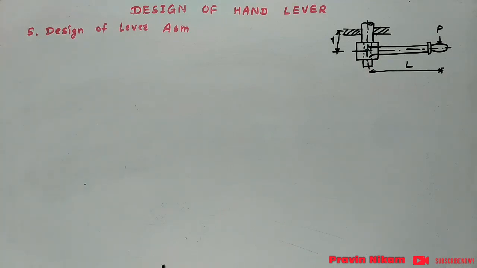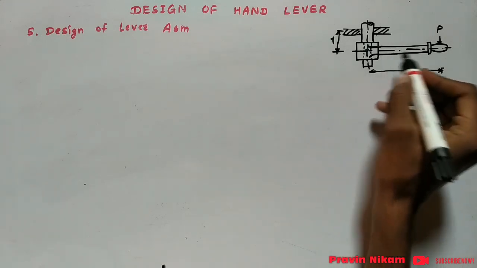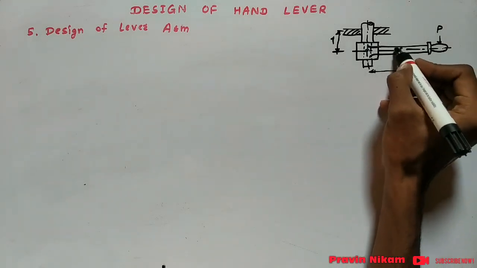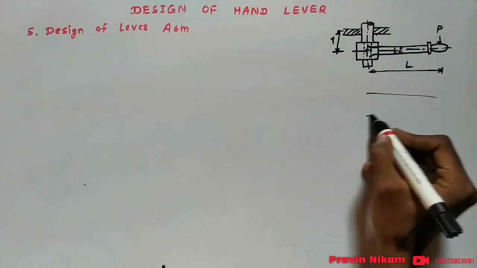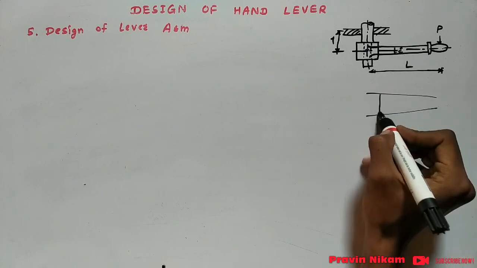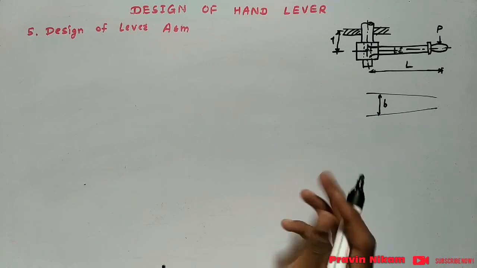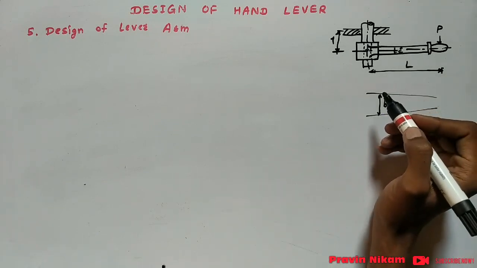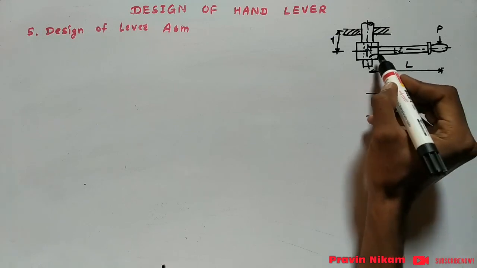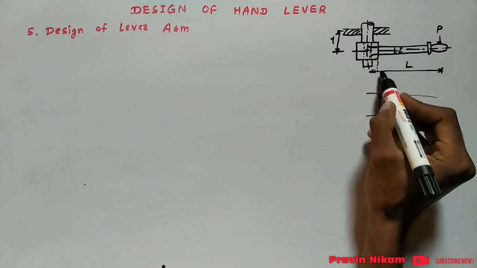Now we know that for lever arm, this is T, and this is the top view, where this is B. The lever arm starts from this point.